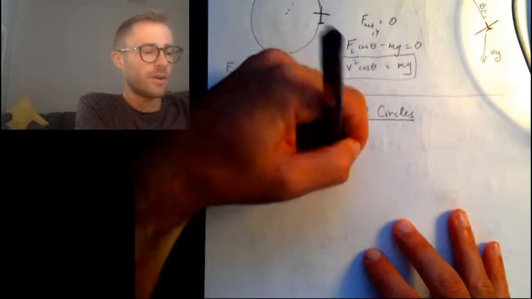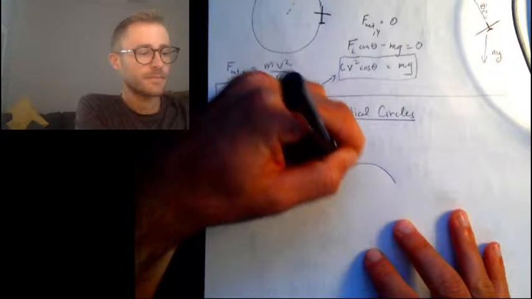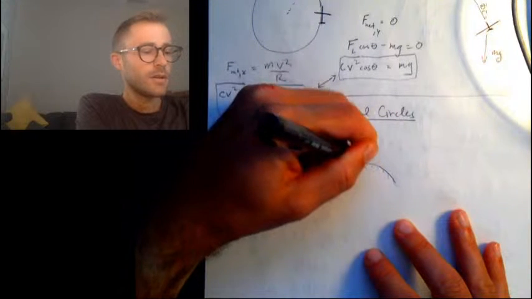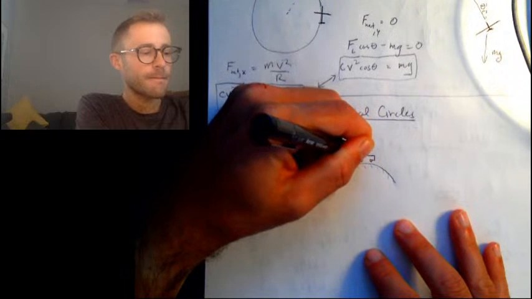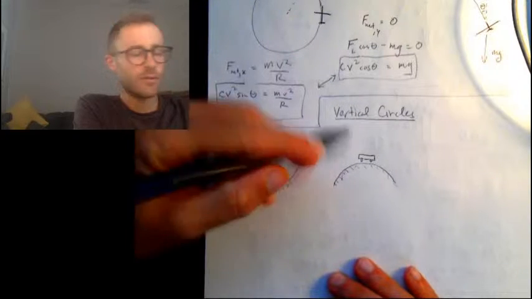You could have a car that's at the top of a hill, like this. That would be an example of a vertical circle.